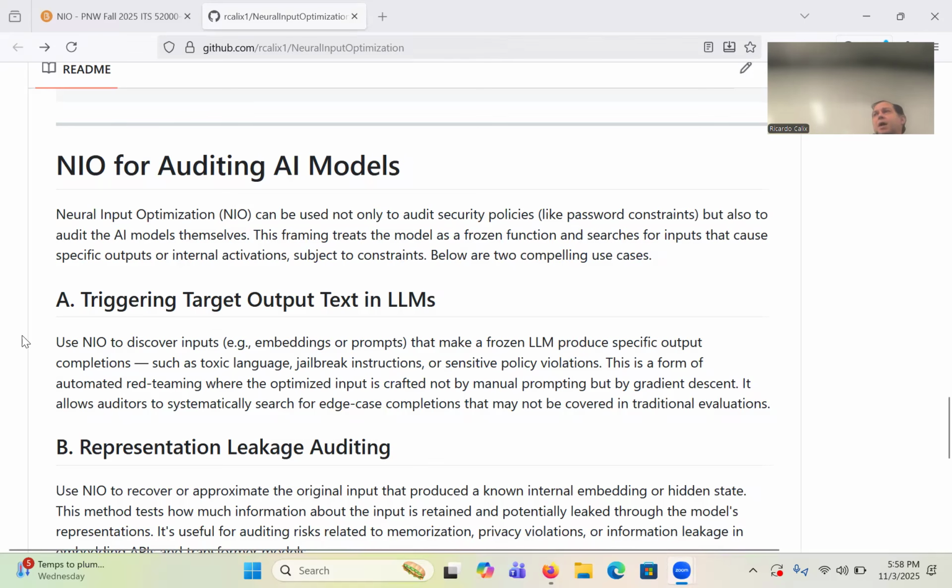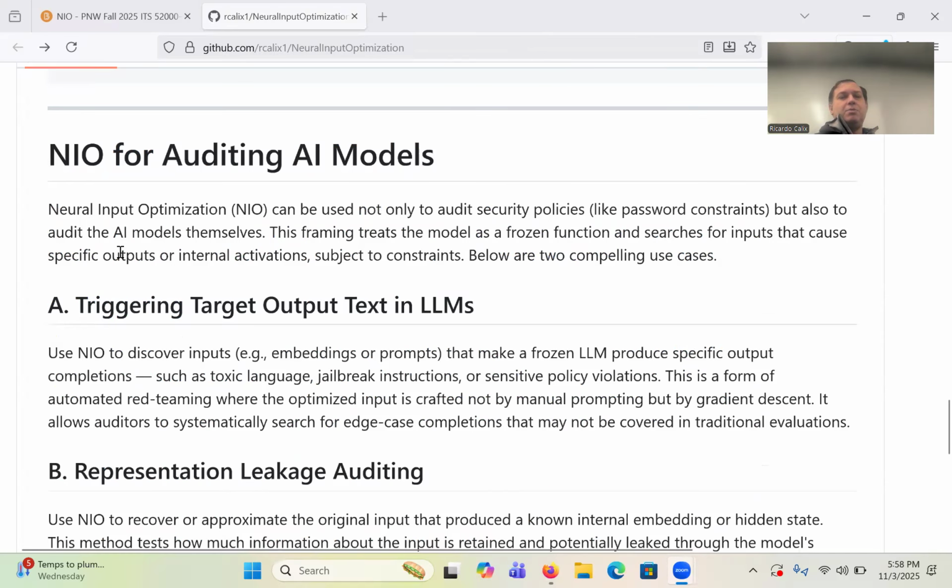So auditing AI models. This is work that has been done for privacy leakage and also, I think, toxic. So neural input optimization can be used not only to audit security policies like password constraints, but also to audit the AI models themselves. The framing treats the model as a frozen function. So I think all of you understand that. I can freeze a GPT just the same as I can freeze a tiny model.